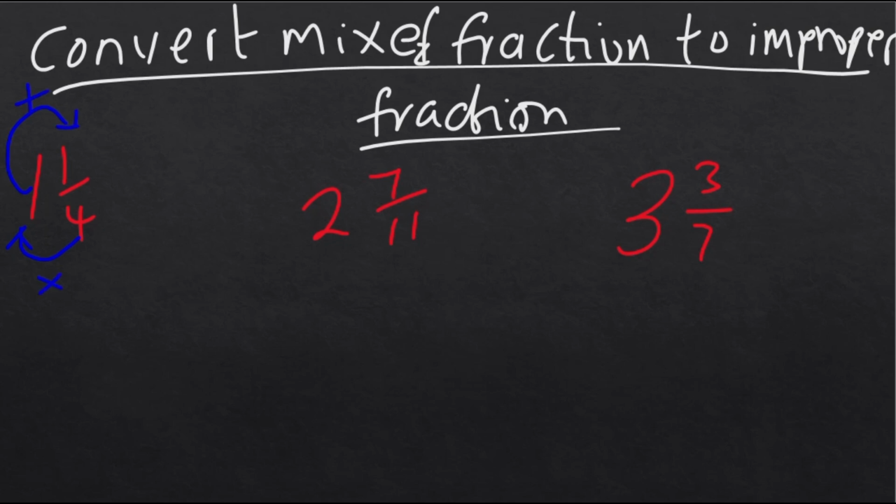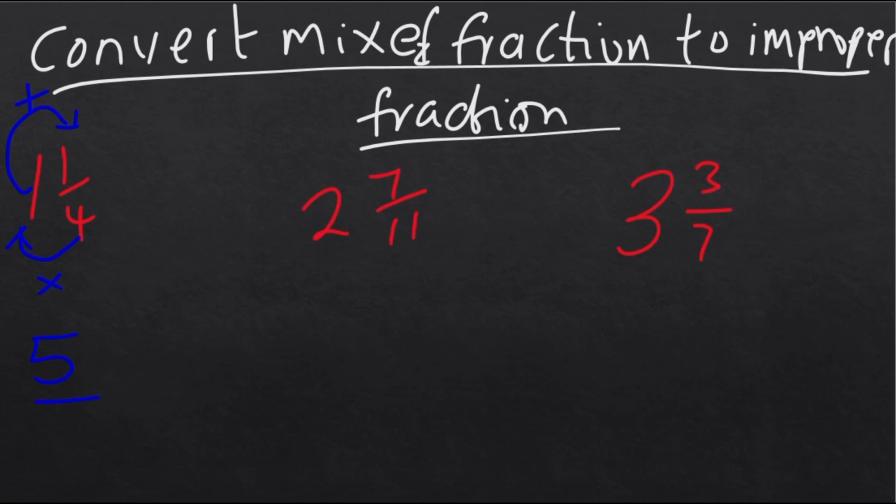The results you get from these two consecutive operations is what you use as the numerator of the resulting improper fraction. So let's go through the procedure for this particular fraction. 4 times 1 is 4, and 4 plus 1 should be 5. And that will be the numerator.